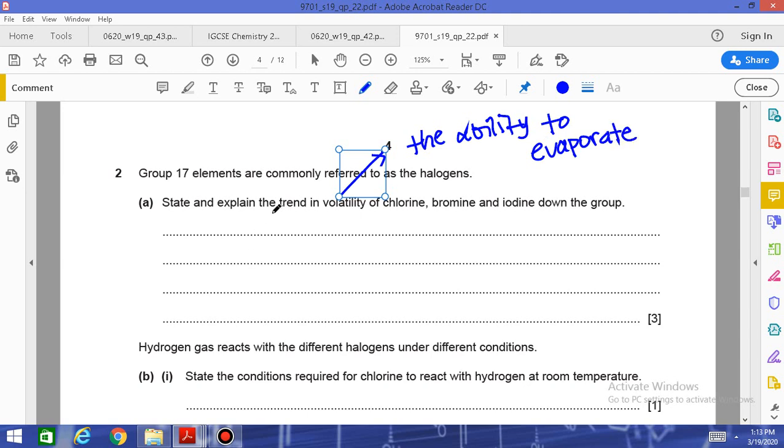As you go down the group, group 17 elements have higher boiling points, or boiling points increase as you go down the group. So the volatility decreases.